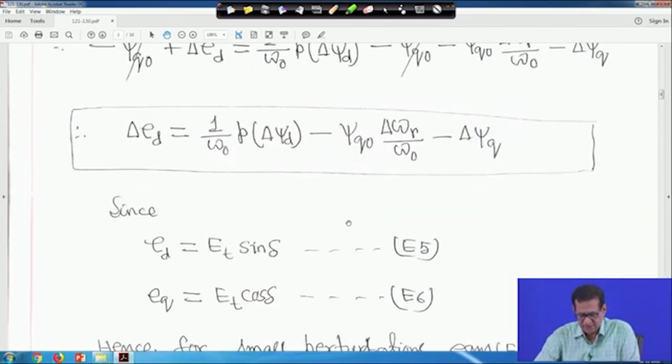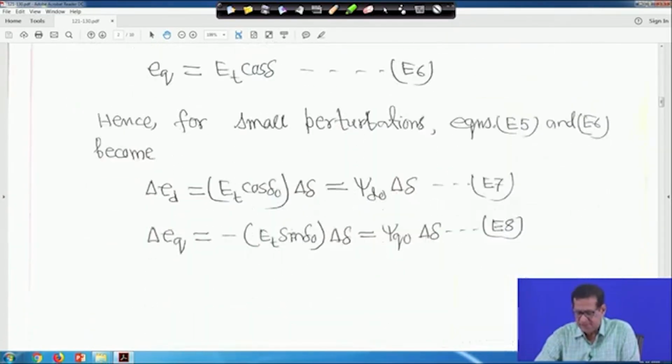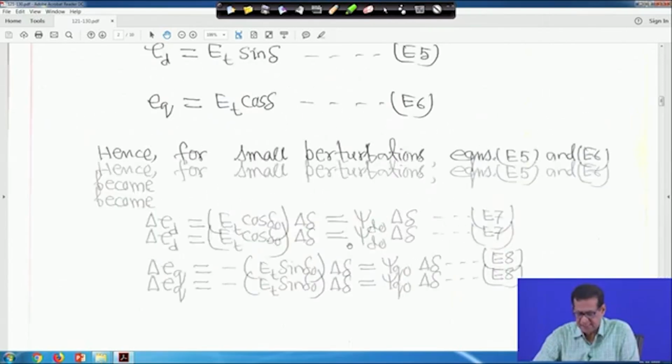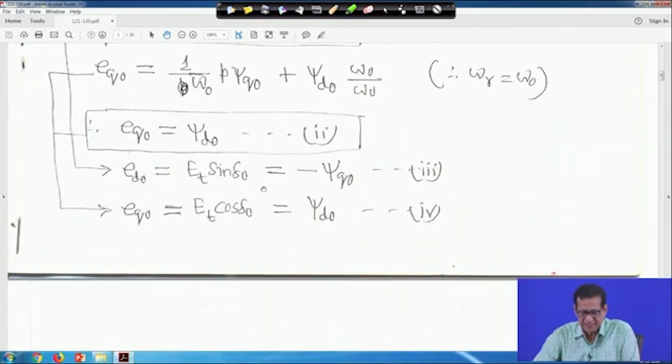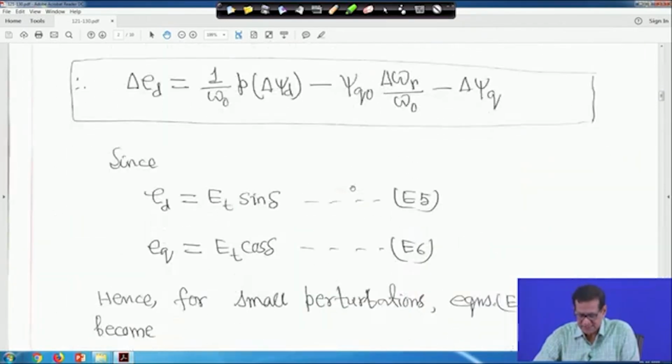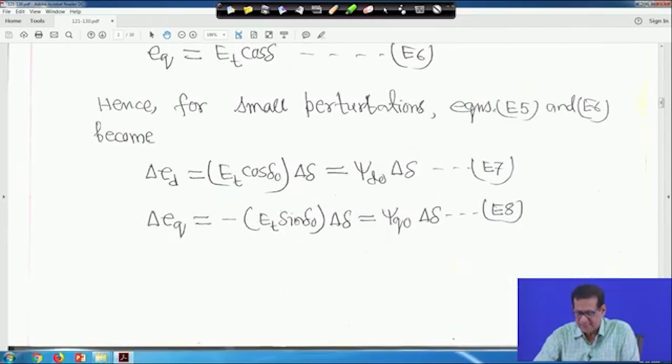So if you take this perturbation, it will be psi q0 delta. This is equation E8. Once again let us go to Et sin delta0. Here it is, that is minus psi q0. That is why here we are substituting that Et sin delta0 is minus psi q0, minus and minus plus. So psi q0 delta, this is equation E8.